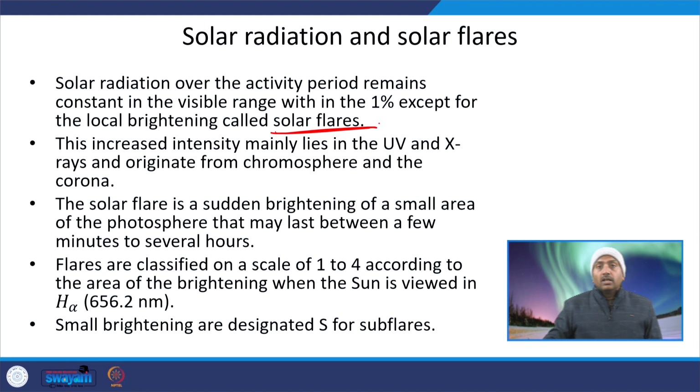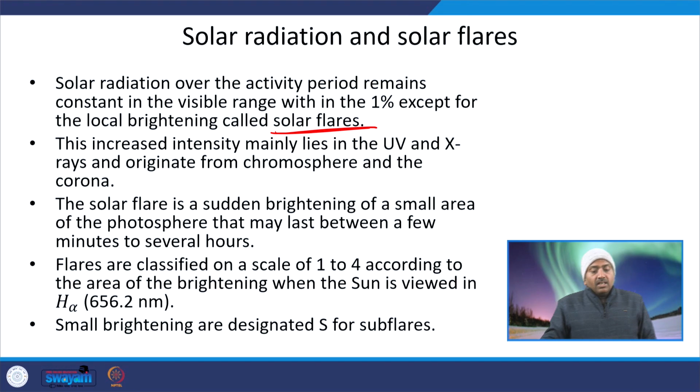Solar flares are the only events during which you can expect some variability in the electromagnetic spectrum, that too in the visible range. Okay. We have already seen how much energy is emitted in each of the spectral windows. I hope you can recollect all those values or concepts to maintain continuity of what I am telling you now.